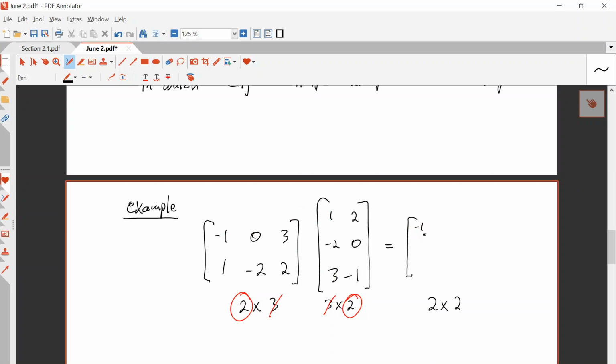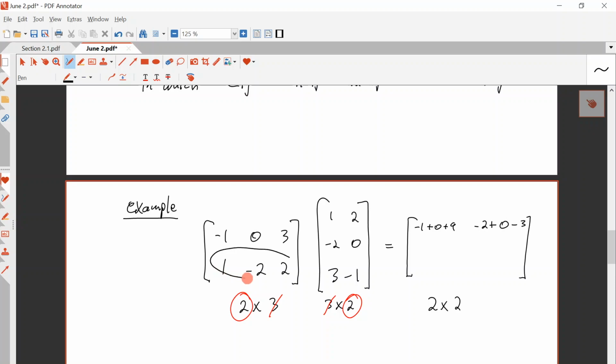So it's minus 1, and then 0 times minus 2, and then 3 times 3. Okay? Now we're going to do first row, second column. Multiply the corresponding entries. Minus 2 plus 0, and then minus 3.